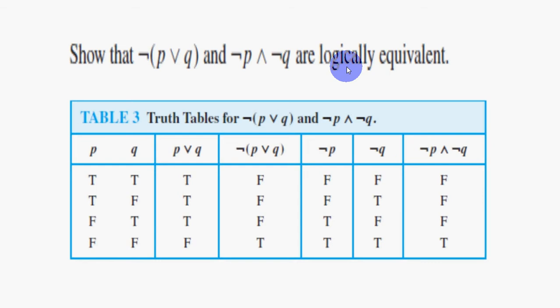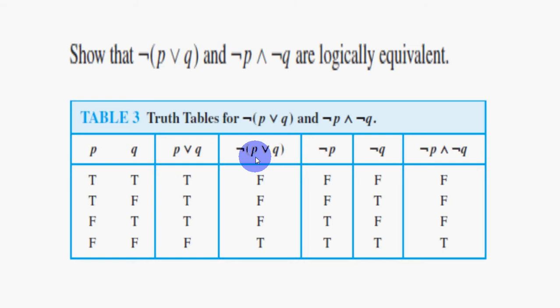So let us discuss. P truth values, Q truth values I have written. P or Q is this much. What you require is not (P or Q). So not (P or Q) gives three false and the last one true. Now not P and not Q, that also gives three falses and the last one true.